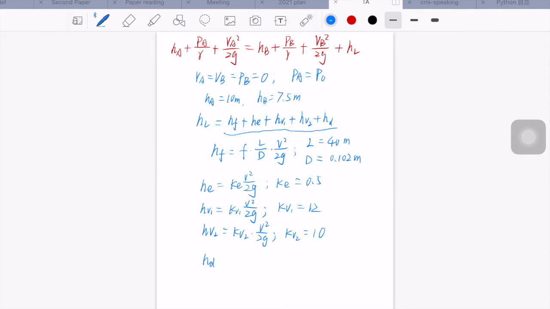The exit loss equals KD times V squared divided by 2g, and the coefficient of exit loss equals 1.